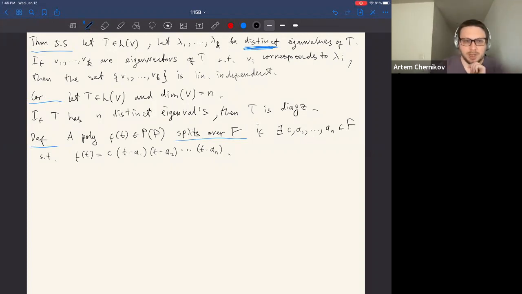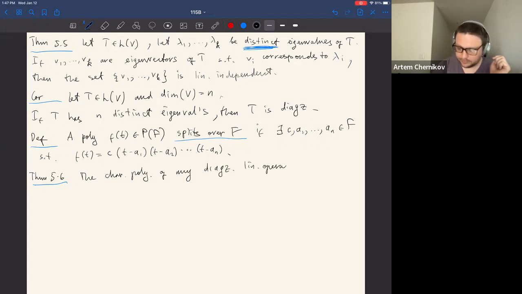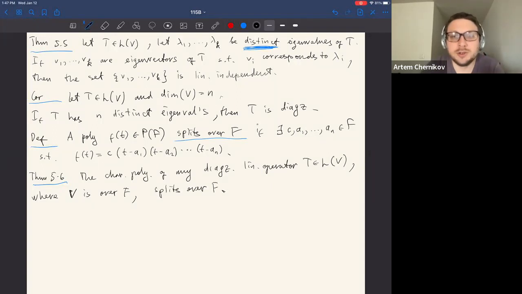But the very important theorem, Theorem 5.6, tells us that the characteristic polynomial of any diagonalizable linear operator T in L(V), where V is a vector space over F, splits over F. So the characteristic polynomial of any diagonalizable linear operator splits.